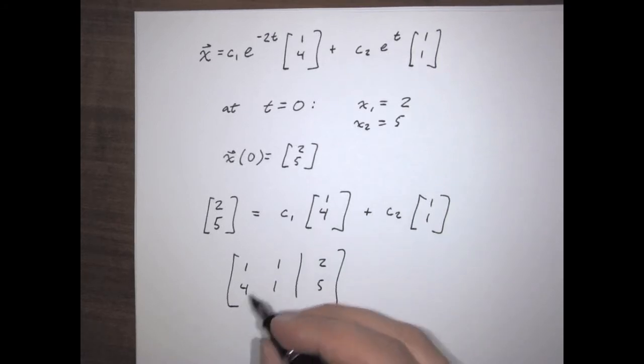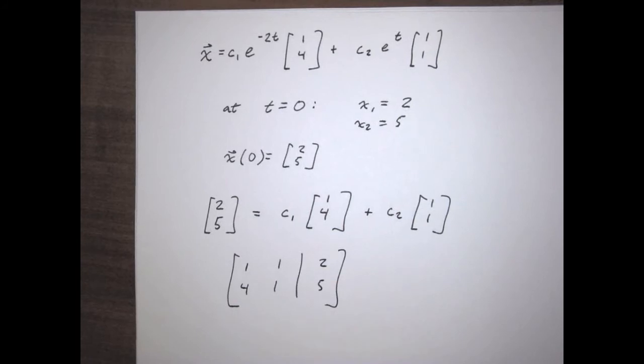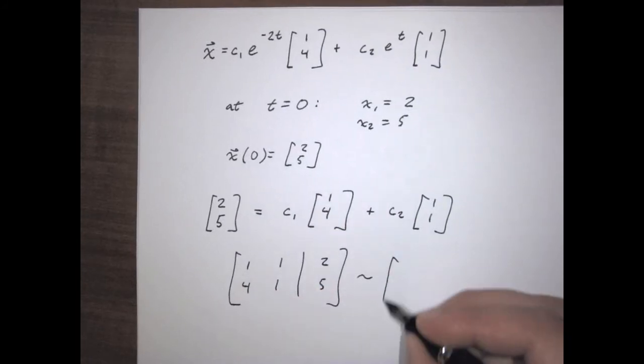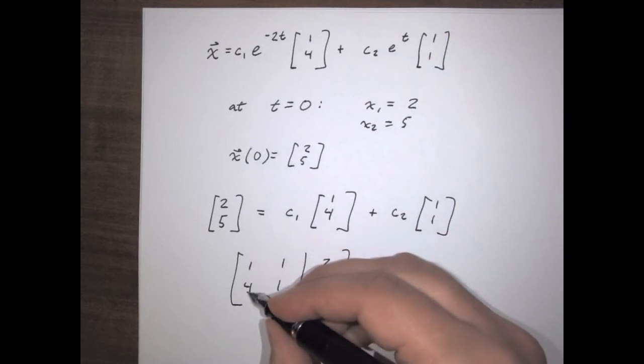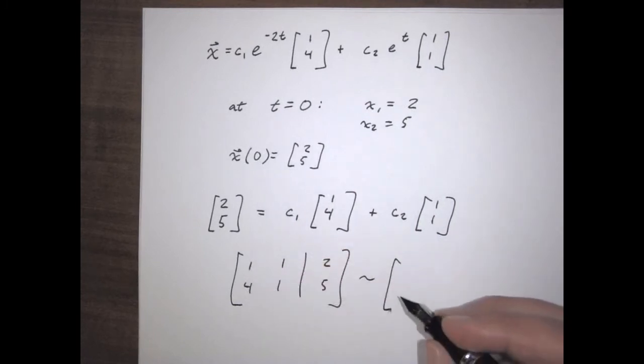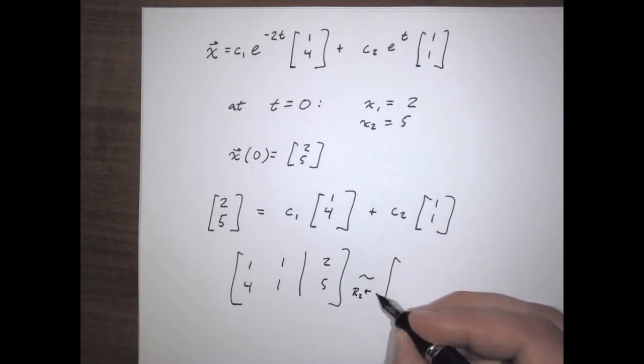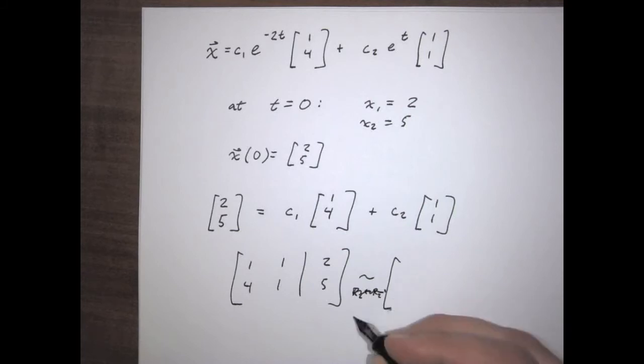So let's just do this one for a change. Okay, so then if I row reduce this, this would be subtracting 4 times the first row from the second row. Row 2 minus 4 row 1.